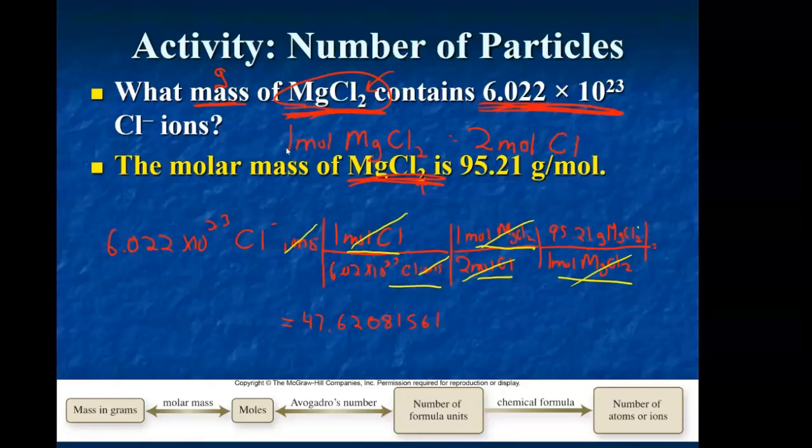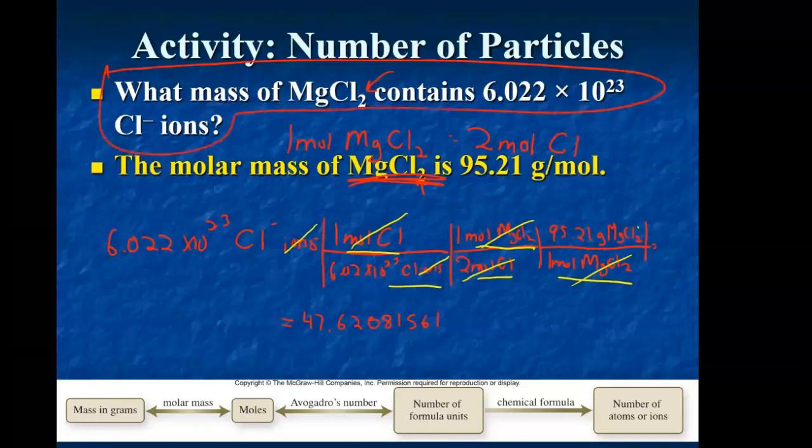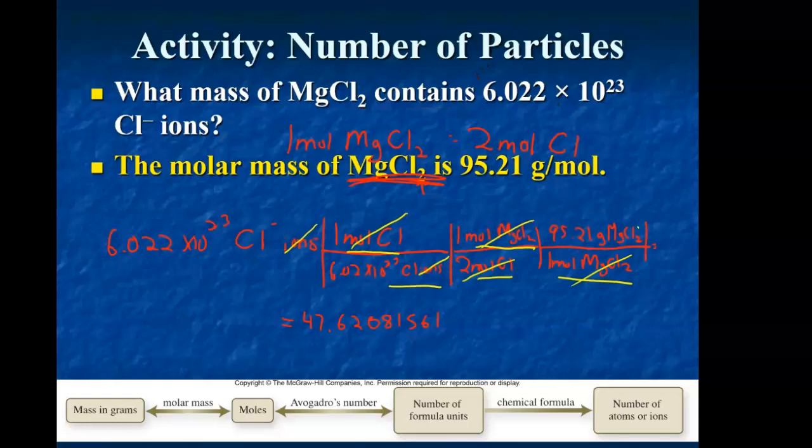But we can't keep all these numbers, right? We need to decide how many sig figs we can have. Your number of sig figs is always going to come from your problem. It's not going to come from any conversion units you found. It's going to come from your problem. So this is the only number we have. This has 4 sig figs, right? Decimal places present: 1, 2, 3, 4.